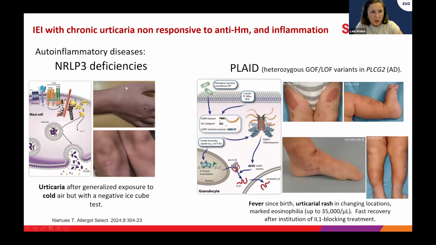So these are two autoinflammatory diseases that mainly manifest with urticaria because of mast cell deregulation. For example, in this case, these are cold urticaria that do not respond to antihistamines, and both types of patients will show chronic signs of recurrent inflammation or infection.